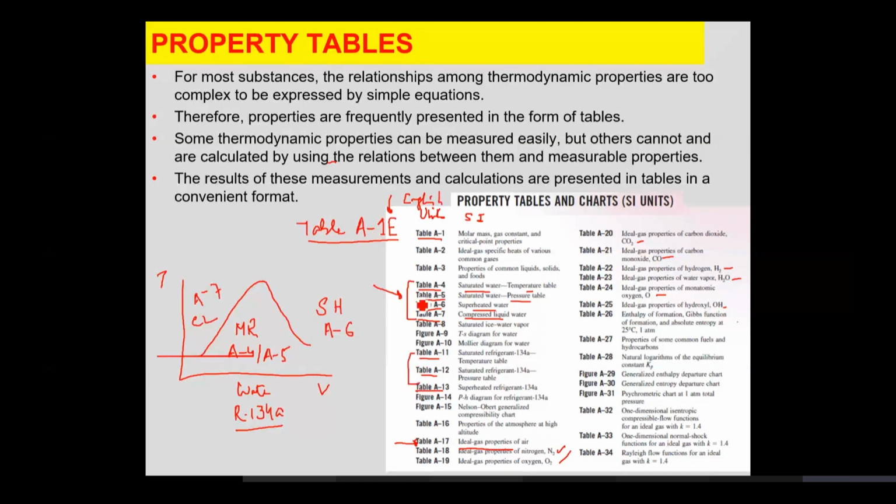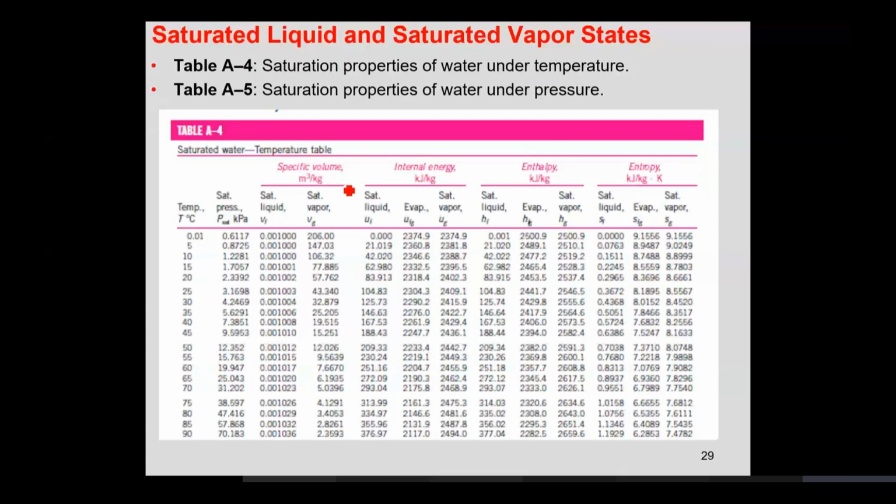So we'll go through tables A4 to A7, and the same methodology of analysis would be applied to A11 to A13 also. Let us begin with tables A4 and A5. Table A4 is saturation properties of water under temperature, and table A5 is saturation properties of water under pressure.